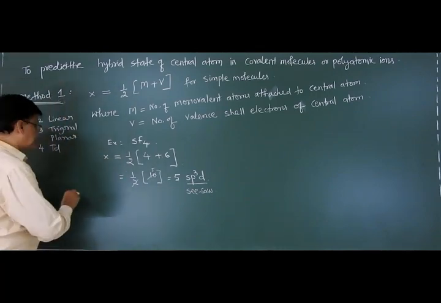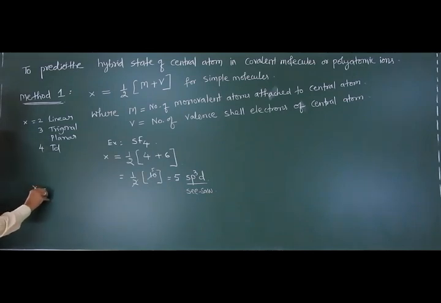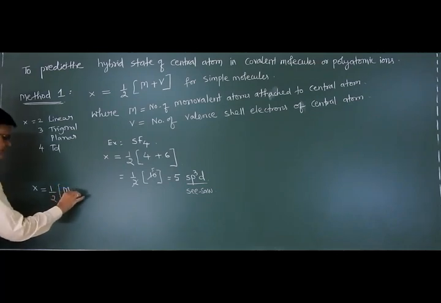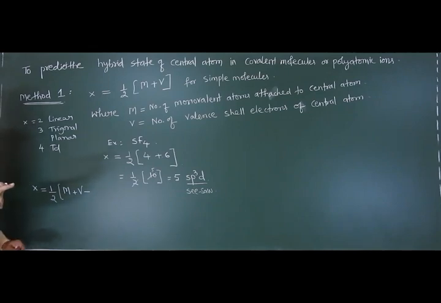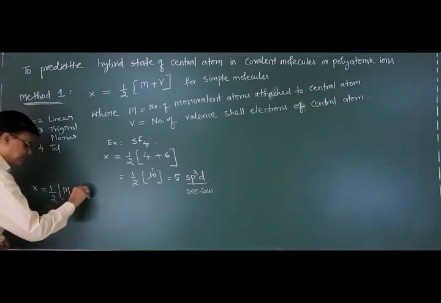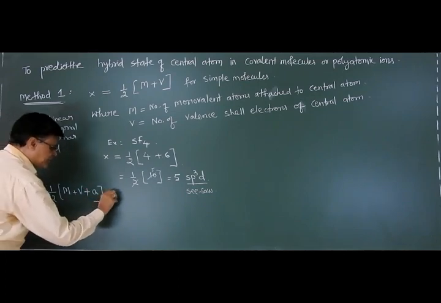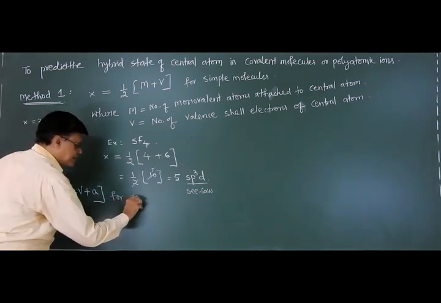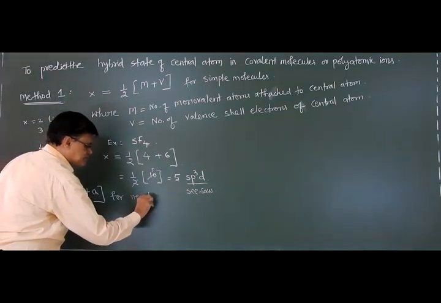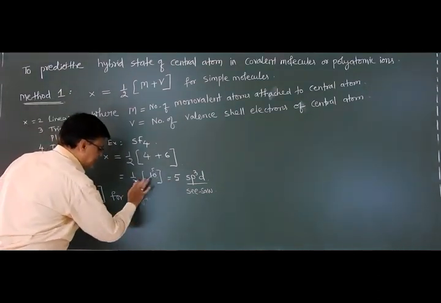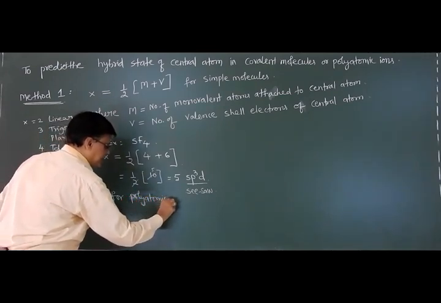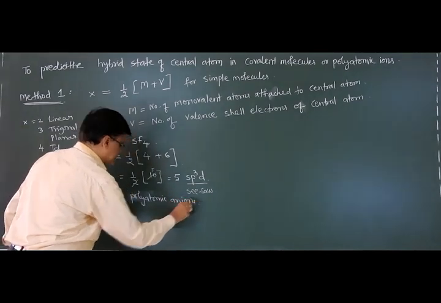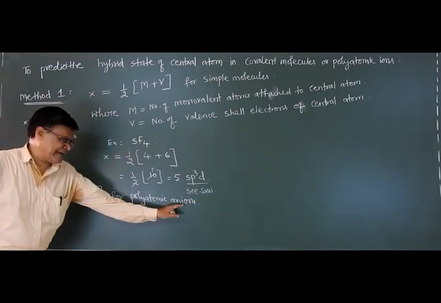For anions, X equal to half (M plus V plus A). Anion means negative charge. Negative charge is present, so we have to add plus A. This formula is for polyatomic anions.